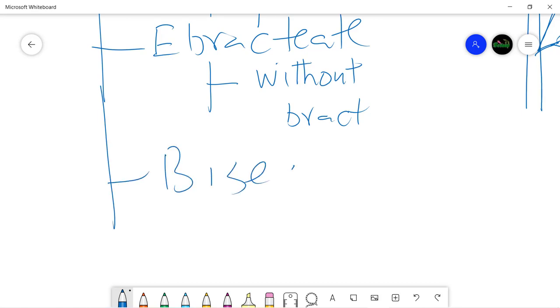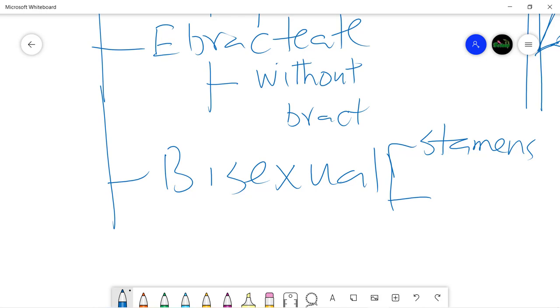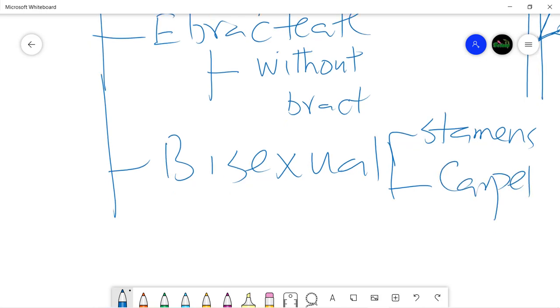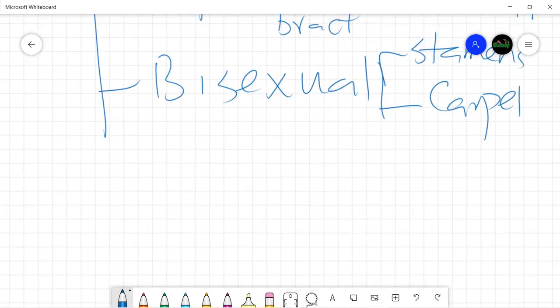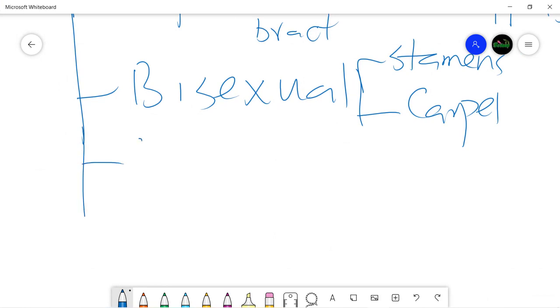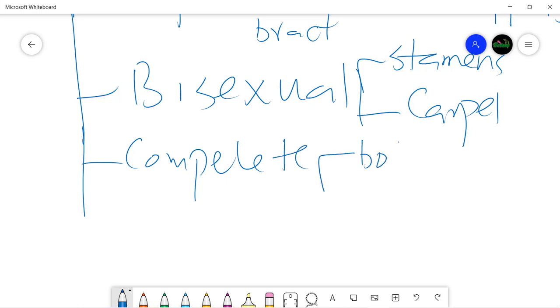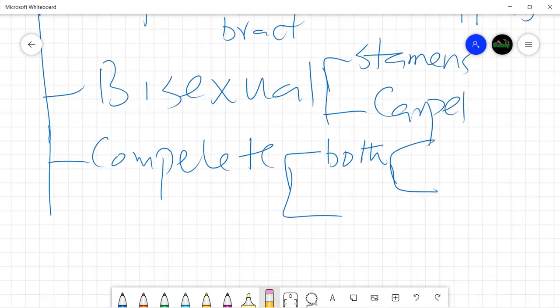It is bisexual. It contains both the stamens as well as the carpels, both the male and the female reproductive parts. Stamens and carpels are present, so it is bisexual. It is complete, both calyx and corolla are present.